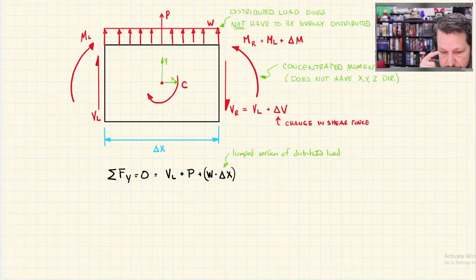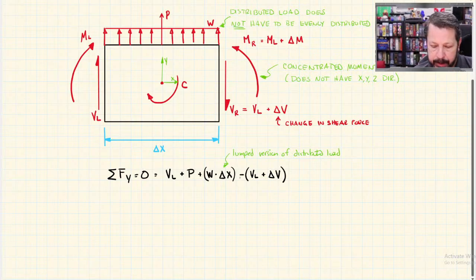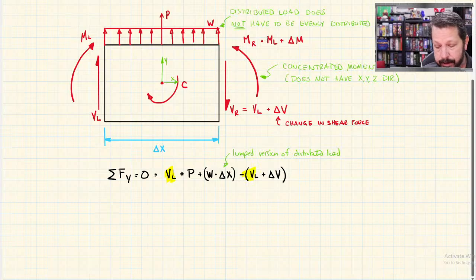Okay, P is going, oh, I already added P. VR, so it's going down. So minus, and I renamed VR as VL plus delta V. So here you can kind of see I've got positive VL and minus VL, so those just subtract each other.